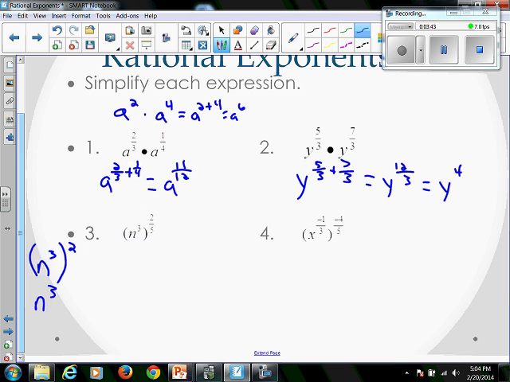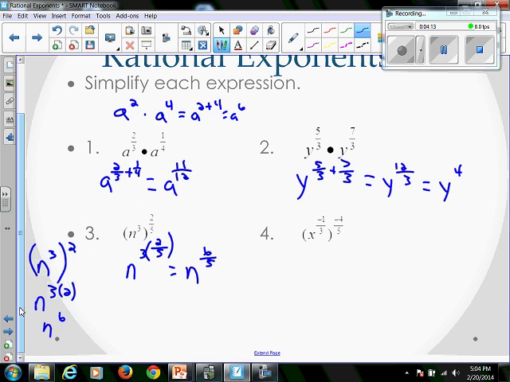We multiplied the exponents, so we got n to the 6th. So here we're going to multiply the exponents, so 3 times 2/5. What do we get when we multiply 3 times 2/5? We get 6/5. And can we simplify 6/5? No, we cannot. In all of our problems, can we check our answer? We should be checking them using our calculator, either on the home screen or y1, y2.